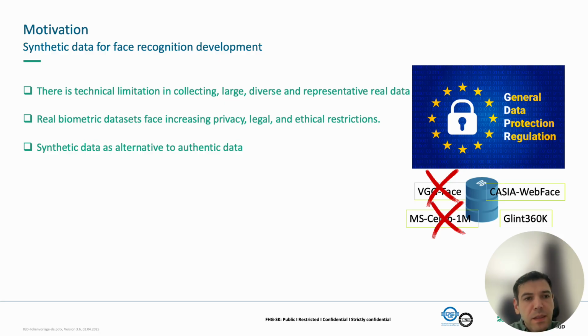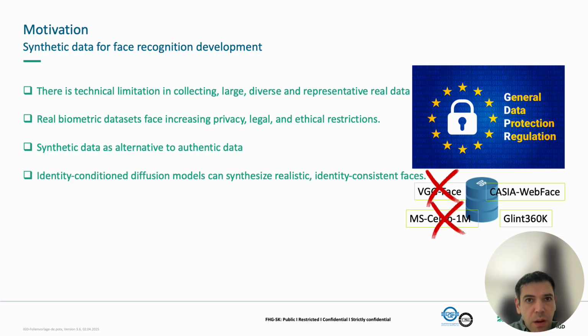Very recently, synthetic data has emerged as an alternative to authentic data to train face recognition. Most of the recent state-of-the-art approaches utilize identity-conditioned diffusion models to generate synthetic data for face recognition training.